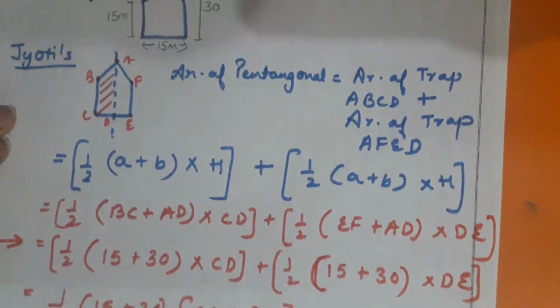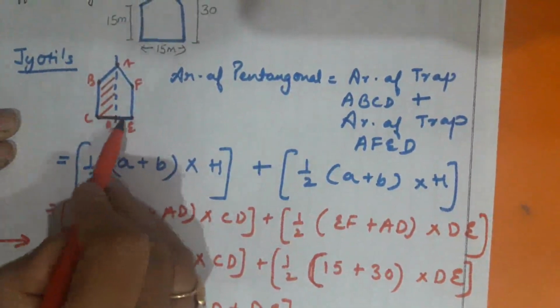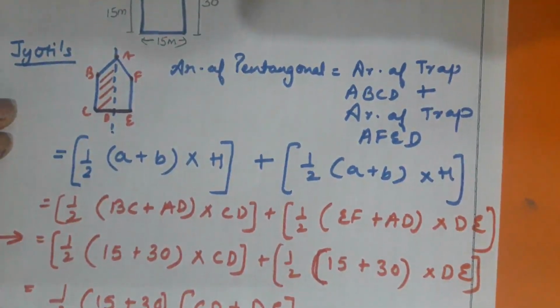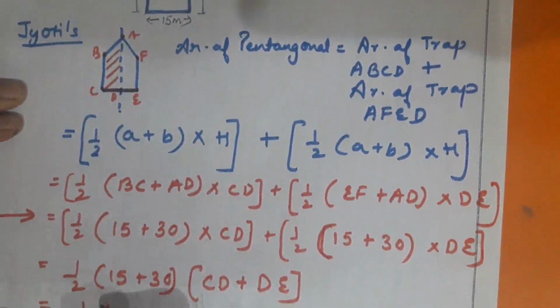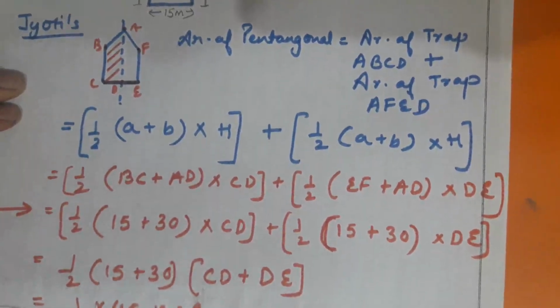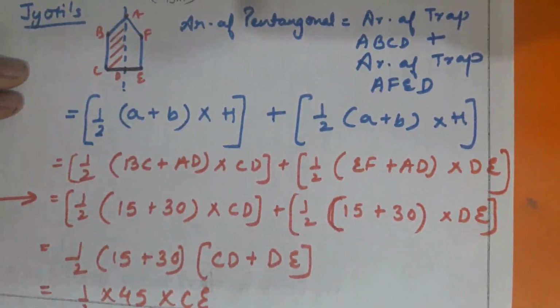CD is this and DE is this, so the whole CD plus DE is representing CE. We know CE, so it gives you 45 into CE. Now what is the value of CE? CE is 15.